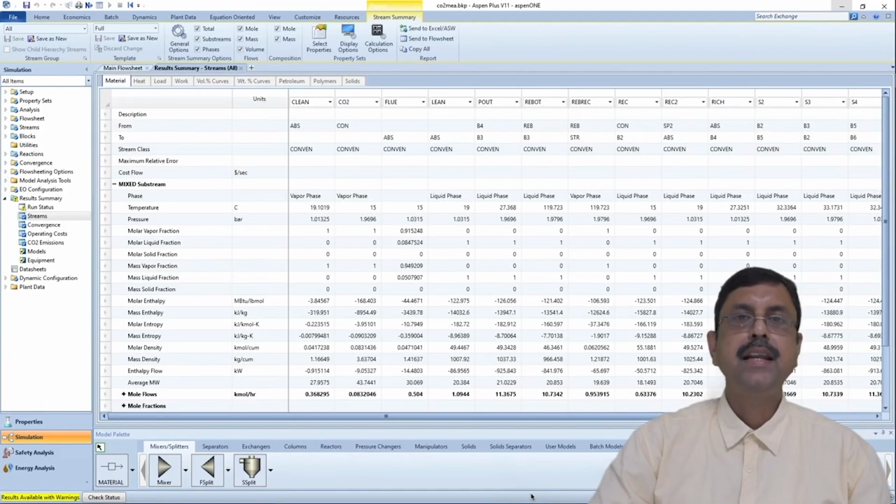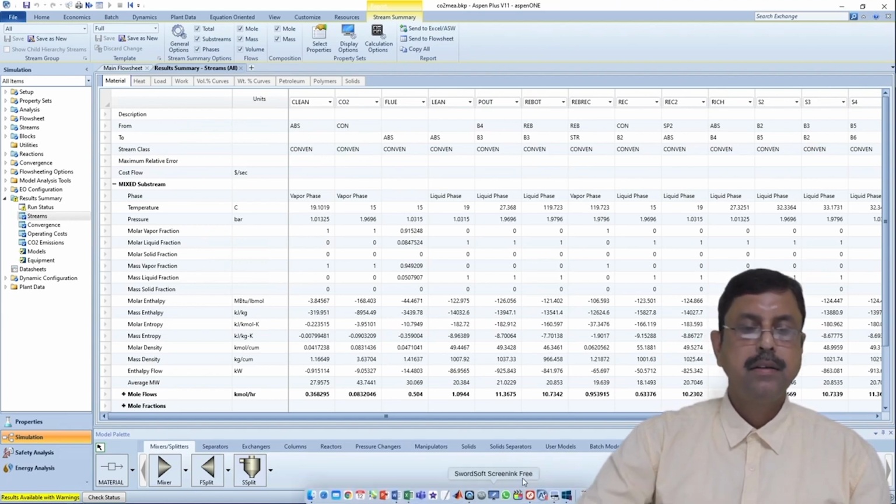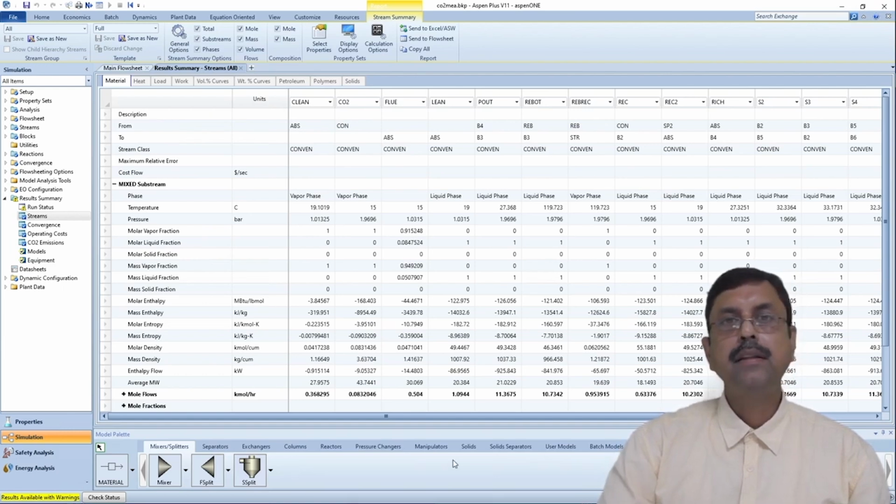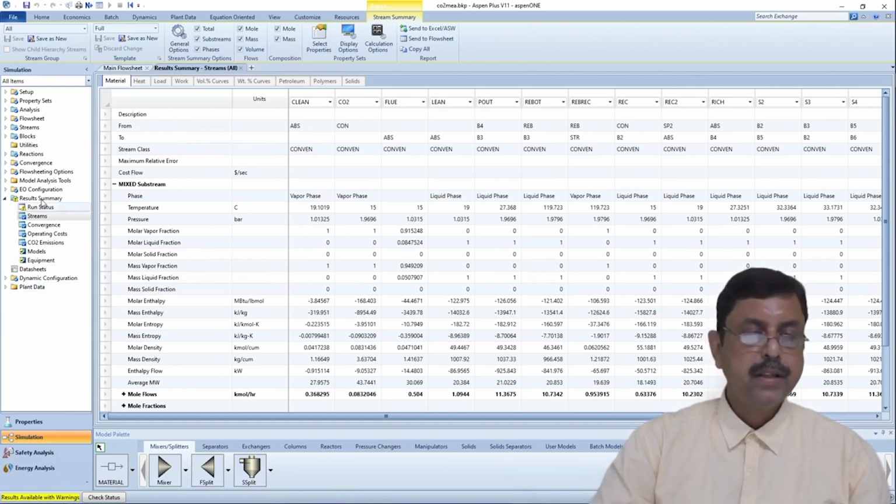Okay. And finally, if you want to store your simulation results in proper format, you can do it by exporting the result into Microsoft Excel file. For that, you have to go to the result summary, go to streams, and here you will find the send to Excel option.